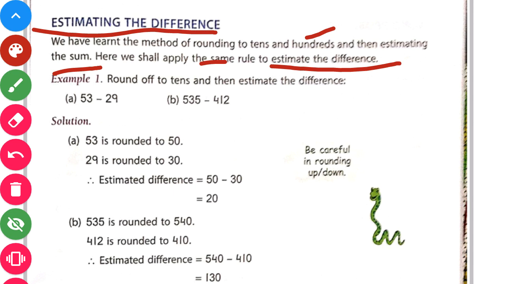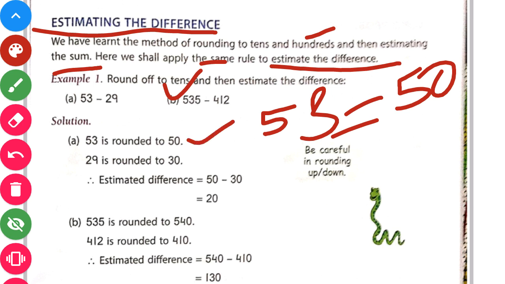Now, what is written here? Round off to tens and then estimate the difference. So, first question is 53 minus 29. 53 will get rounded to 50.